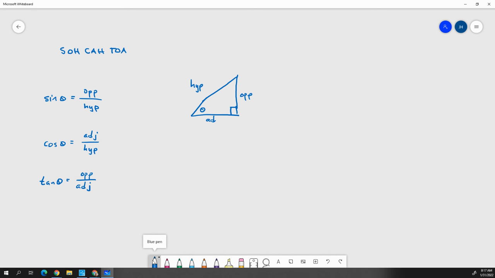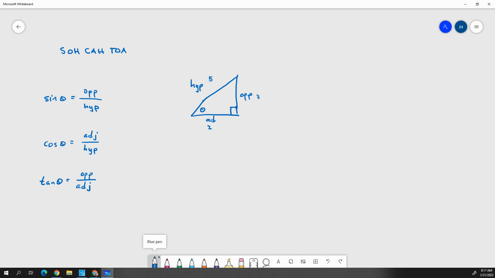So what I'm saying is, if this is 5 and this is 3 and this is 2, it would never work that way. Those numbers would never work, because 4 plus 9 does not equal 5 squared. But you get the idea, right?